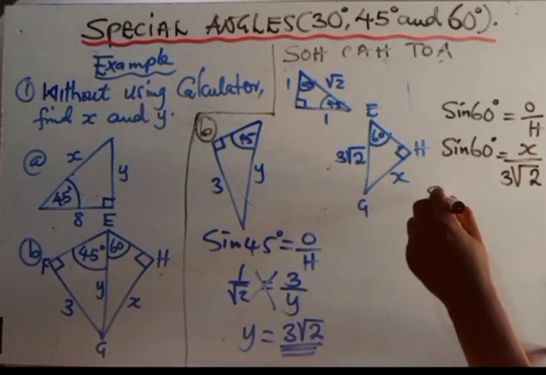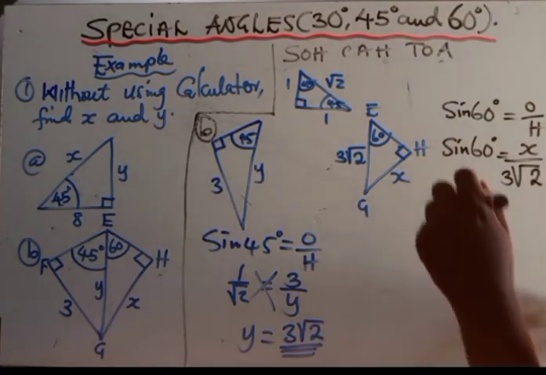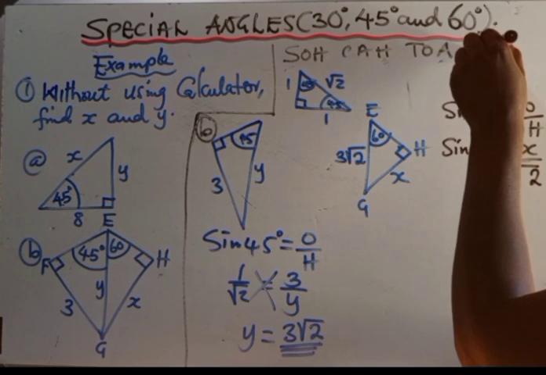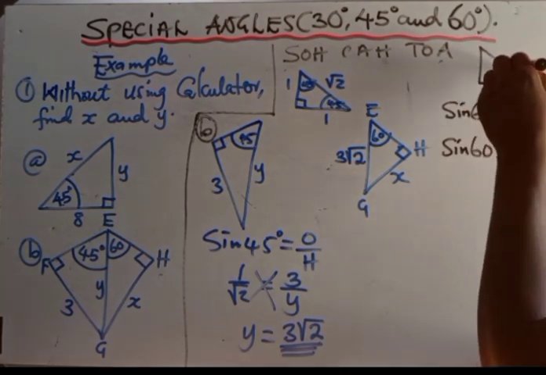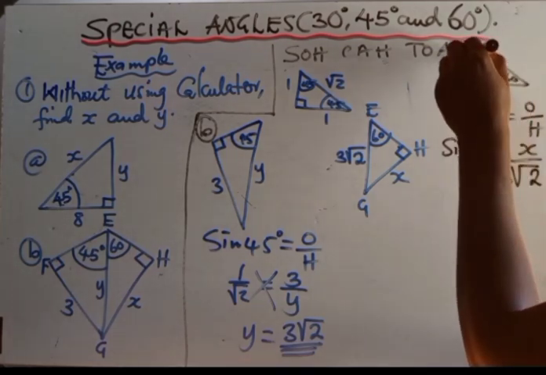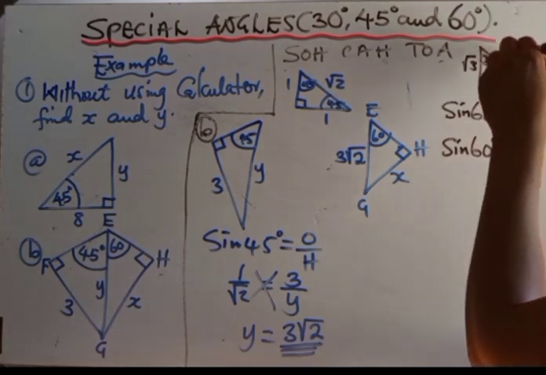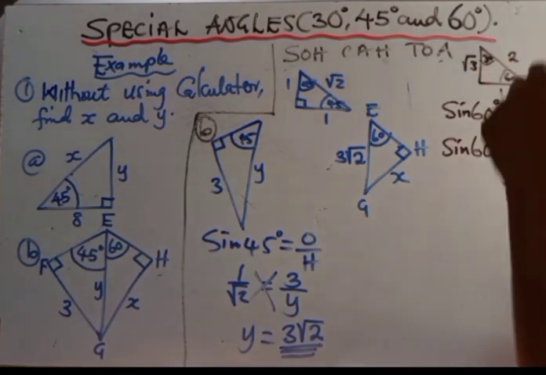So what is sine 60? You remember that triangle for 60: we have 60 there, we have 30 there, there we have root of 3, there we have 2, there we have 1. So opposite is that one over hypotenuse.